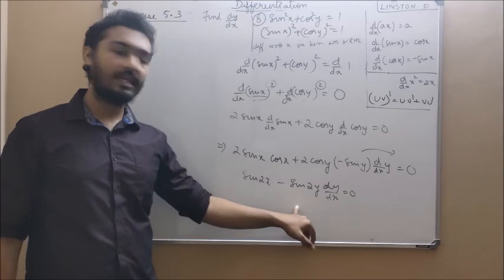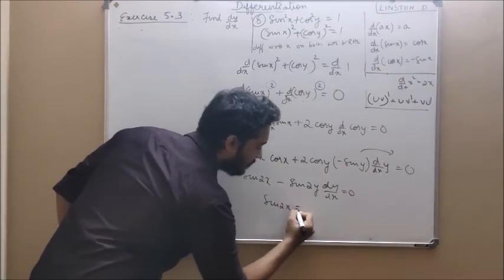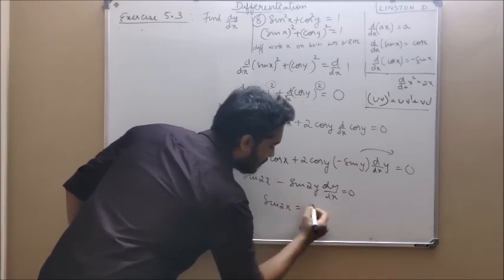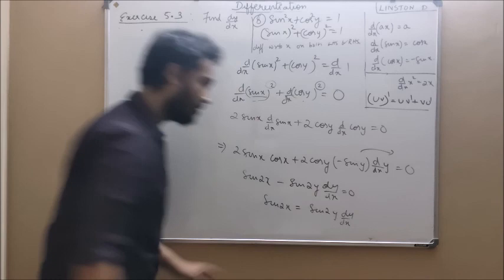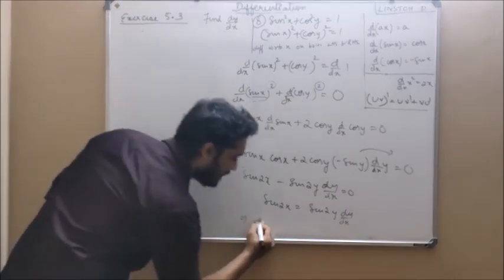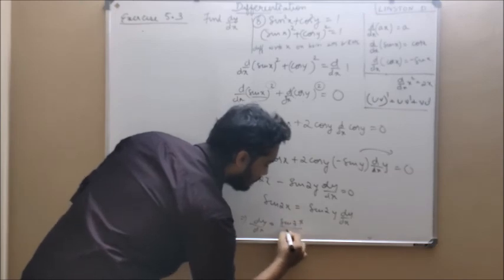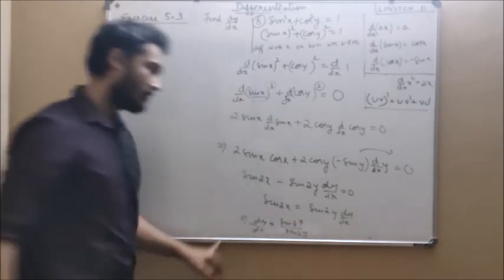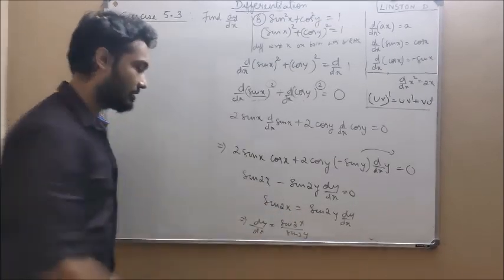Now we want only dy by dx, so take this to the other side. So sin 2x equal to sin 2y dy by dx, which implies dy by dx equal to sin 2x by sin 2y. So dy by dx is sin 2x by sin 2y. So this is the answer.